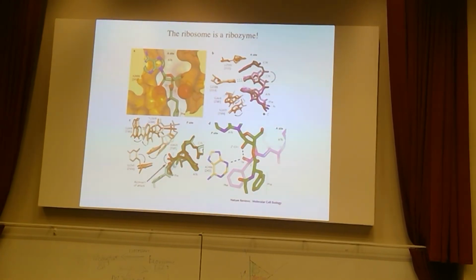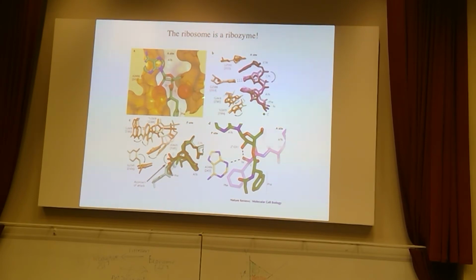It's crazy, isn't it? So here is the active site of the ribosome. Here we know which direction the nucleophilic attack is coming from. We know some of the important nucleobases. Here's an adenine nucleobase that seems to be engaging with the polypeptide chain that's being generated.